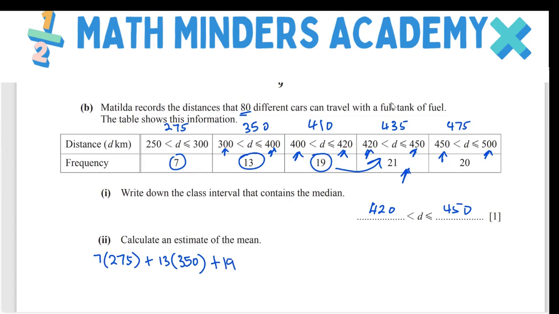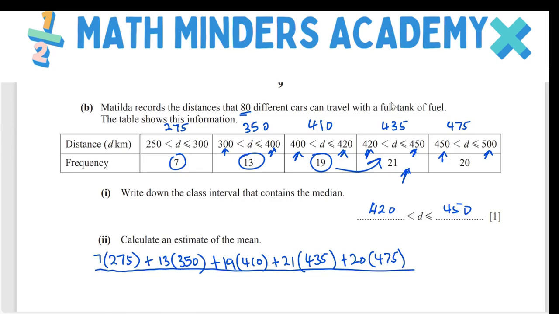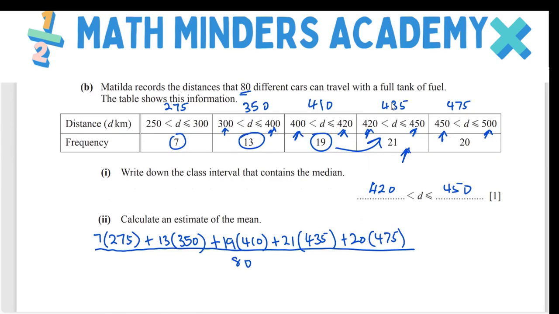We use it to multiply the mid value of that class. We continue like that. 21 is the frequency multiplied by the mid value, plus 20 as frequency multiplied by the mid value, all over 80 because there are 80 cars.